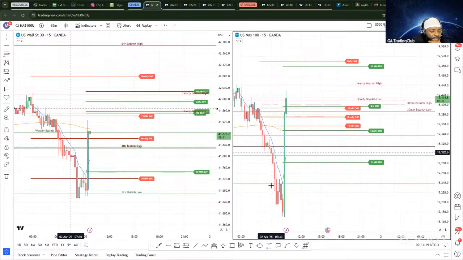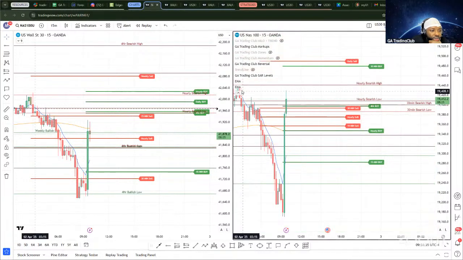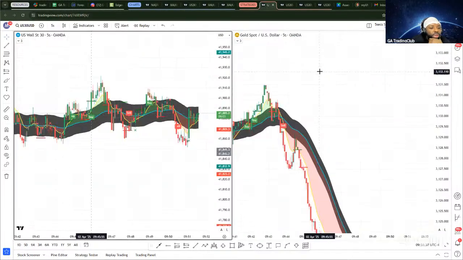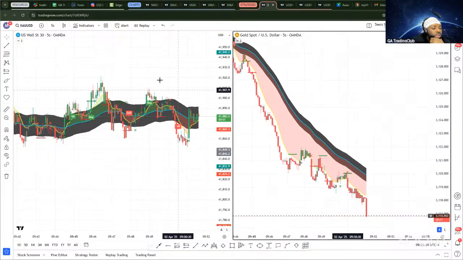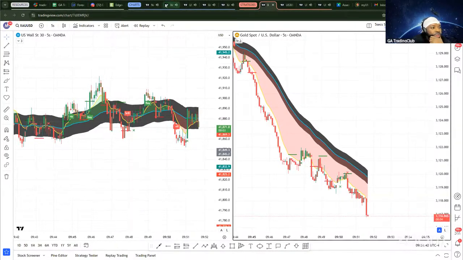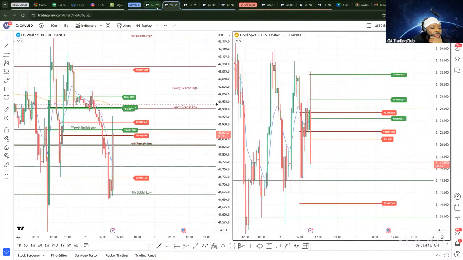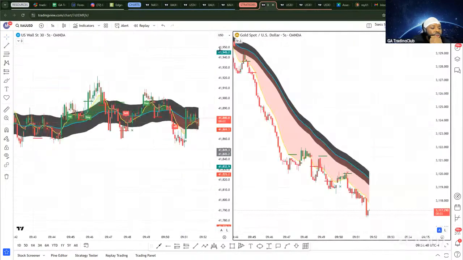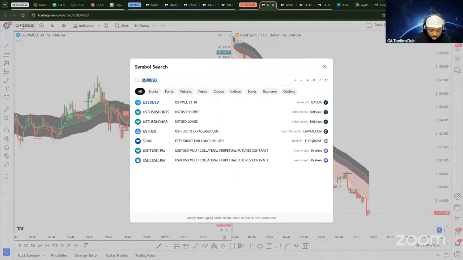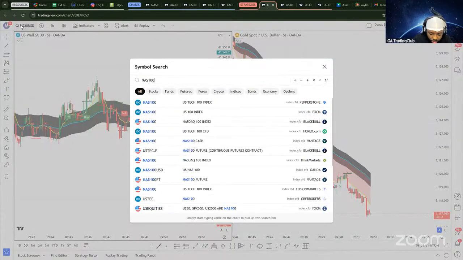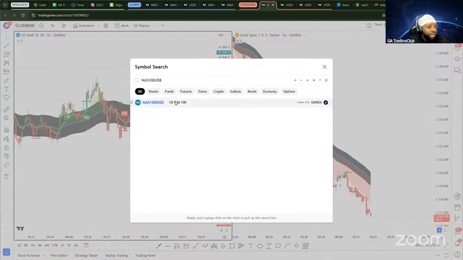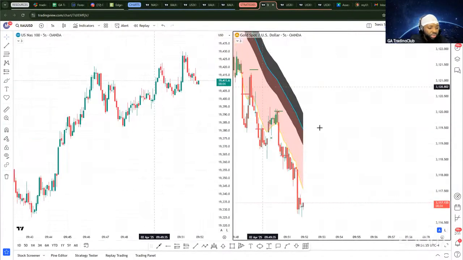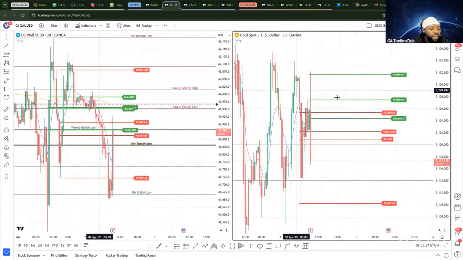So NASDAQ has a, let's see, for people who trade NASDAQ, let's see what happened with NASDAQ here. Okay. So gold is rejecting from, that's 100 USD. I'll probably create a chart for NAS. So gold is rejecting from that 200 DMA.